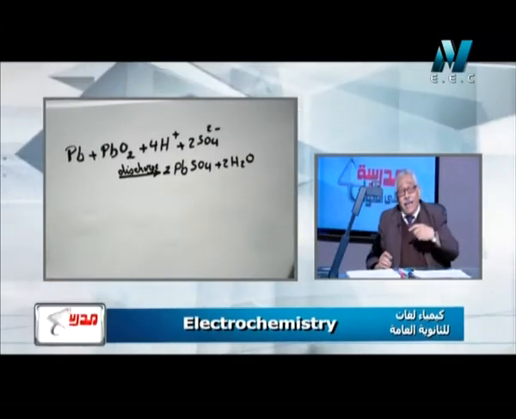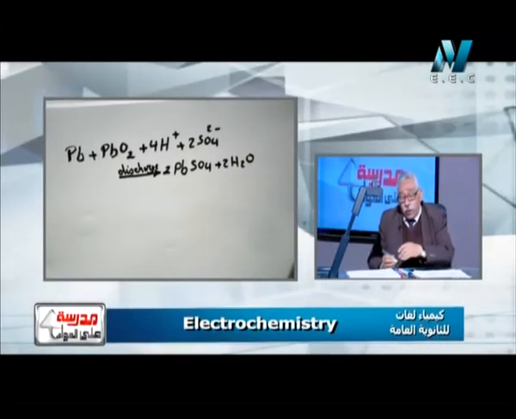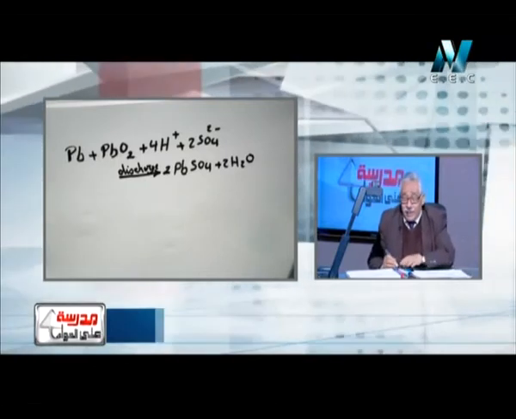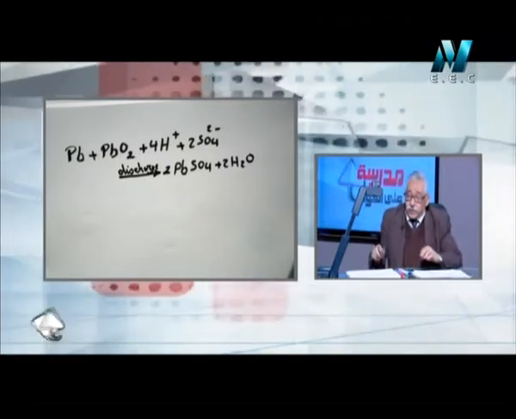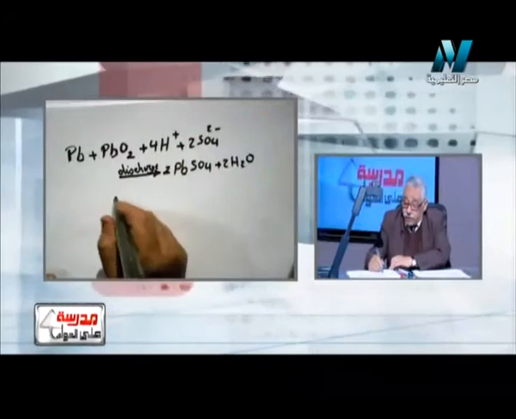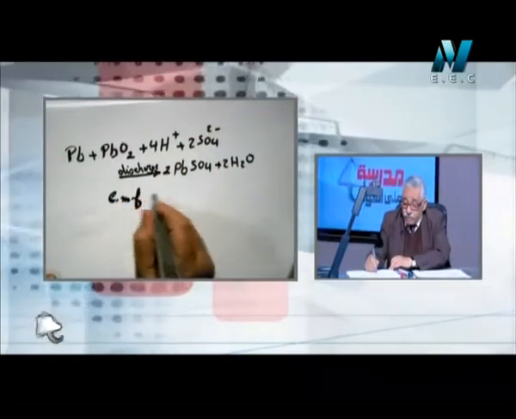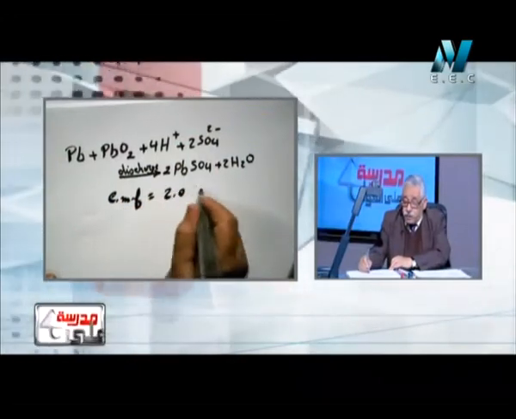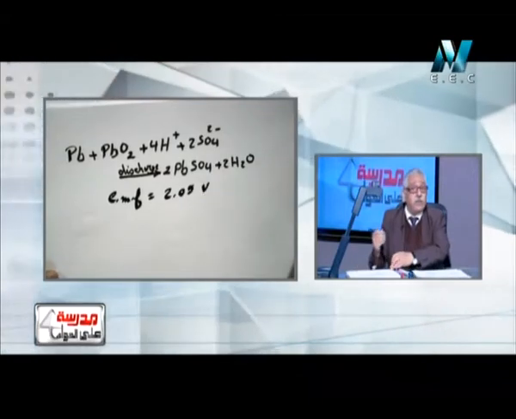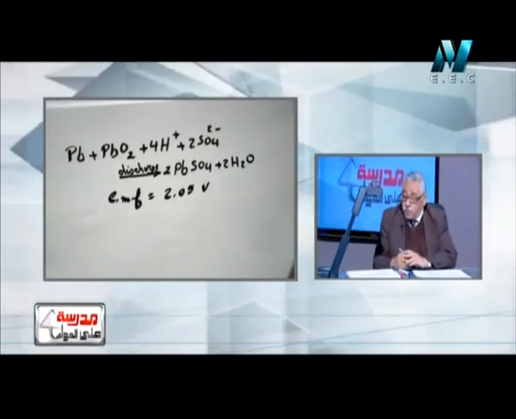So when it gives the electricity, we call it discharge, and here it acts as a galvanic cell because it converts chemical energy into electric energy and gives the electricity. We can use it in the car. This is about the equation. And the EMF will be 2.05 volts, approximately 2 volts.